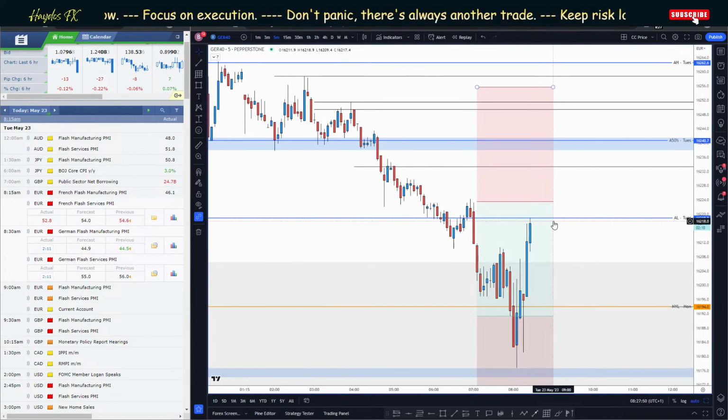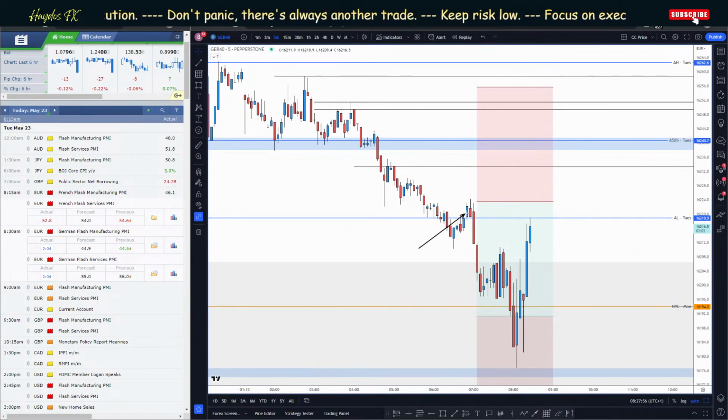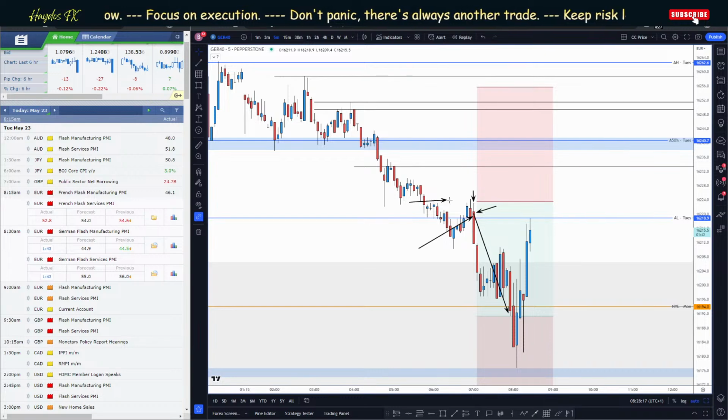Okay, so we're back to the low of the Asian low. Remember this was the Euro open from this candle, as in the actual official Frankfurt open. So a faded out Frankfurt open hour. Now can we take the high of Frankfurt open?